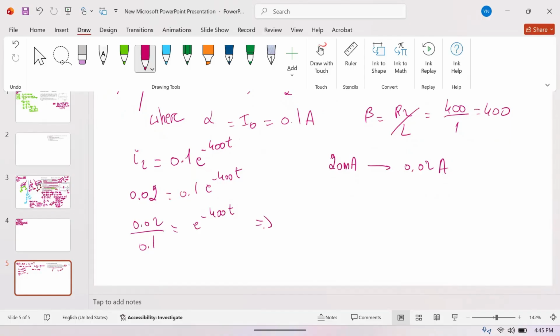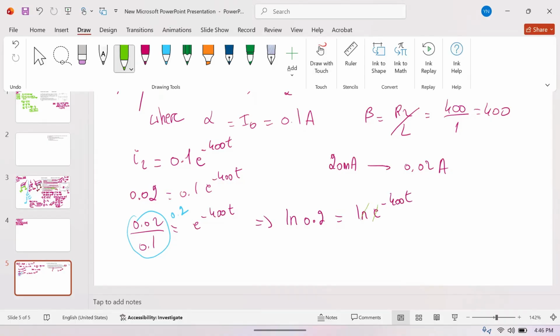Then we have to cross out the exponential, so we have to apply the logarithm on both sides. But before that, 0.02 over 0.1 will be 0.2. Then we apply the logarithm. You will get log of 0.2 equals log of e to the minus 400t.